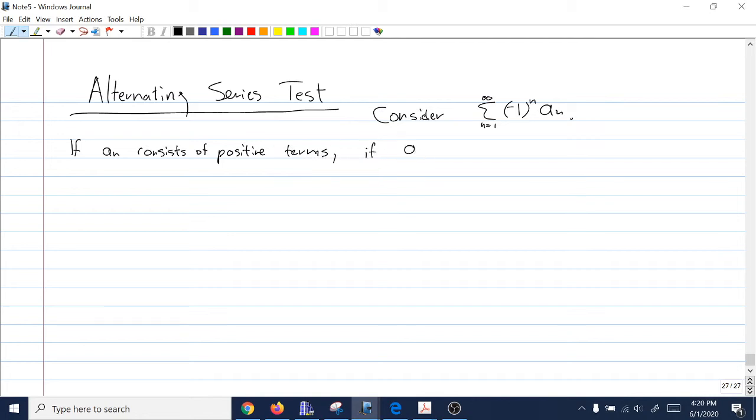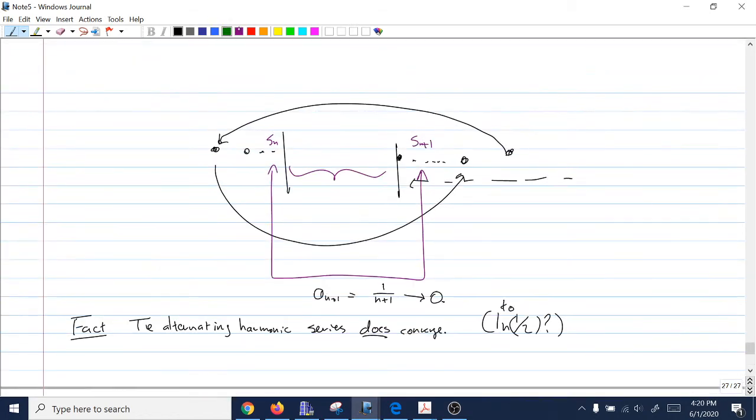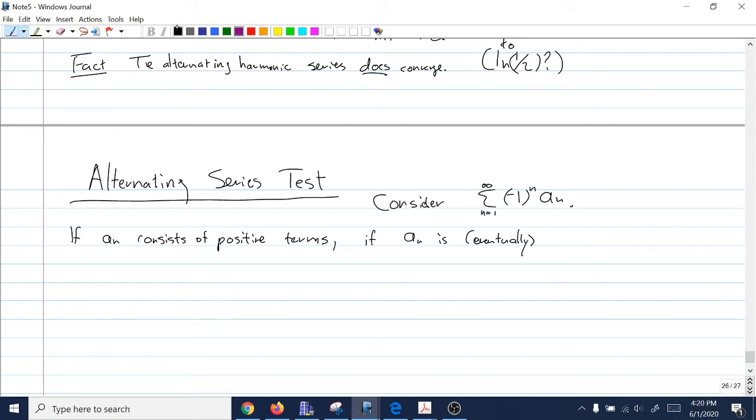if AN is strictly decreasing, or is eventually strictly decreasing, does it need to be strict? If it's not strictly decreasing, then one of the arrows might equal the last arrow before it. Yeah, that's okay, as long as it eventually decreases. Is eventually decreasing.